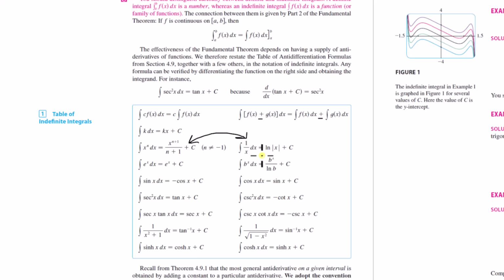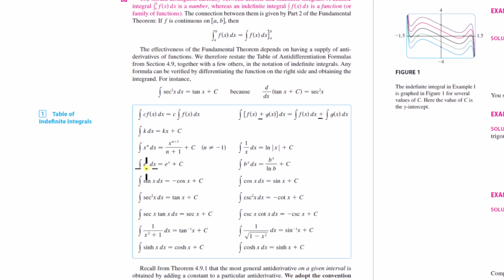Where does that come from? And is it necessary to put the absolute value every time you do this integral? And I talk about how the power rule for integration is kind of associated with the integral of 1 over x. Okay, now, all of these are pretty much common sense.